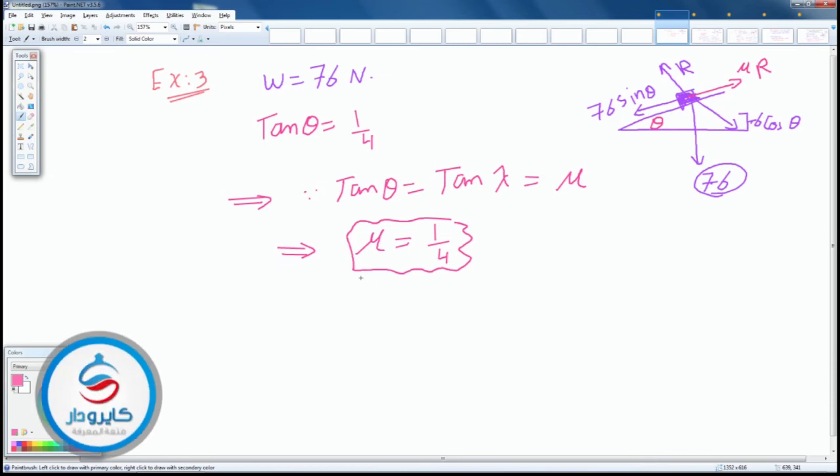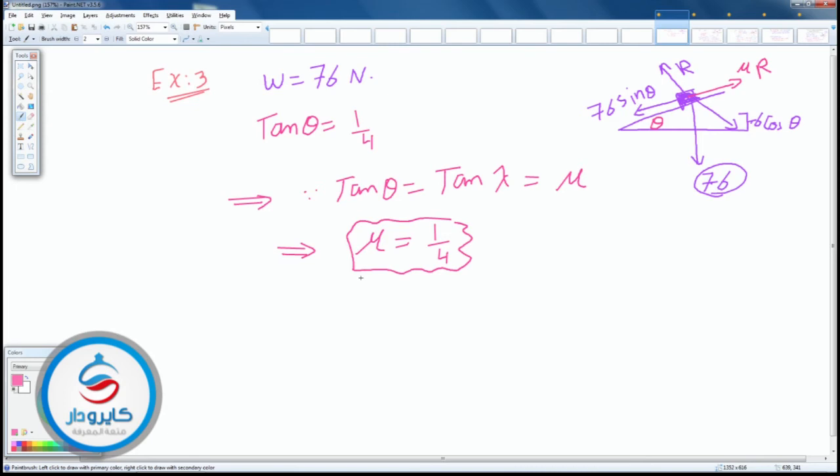So what happened now? The second part of the problem said that if the body is placed on a horizontal plane which is as rough as the inclined plane, that means we have the same coefficient of friction. Mu will be equal, doesn't change.